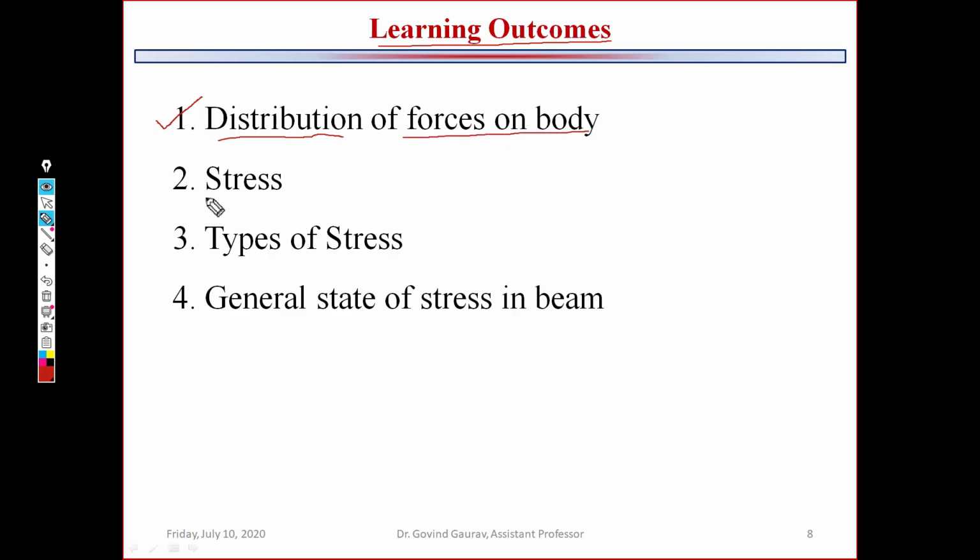Thereafter we have defined the stresses and the two types of stresses that are acting on a small elemental area, delta A: the normal stress that is acting perpendicular to the area which we have selected, and the shearing stress that is acting along the small area which we have selected. And thereafter we have defined the general state of stress in case of a beam.